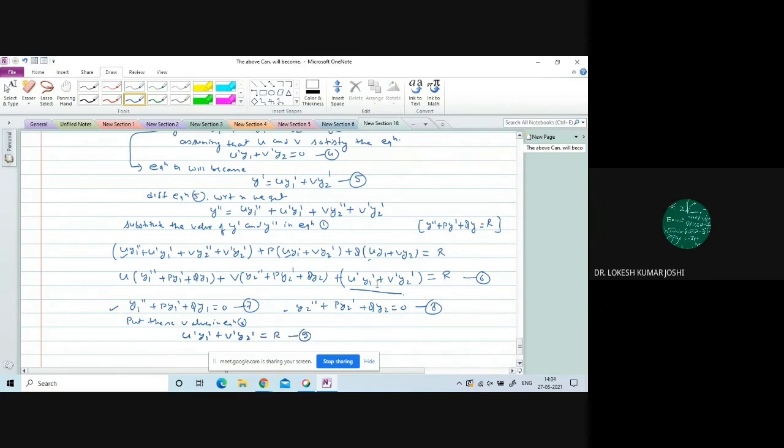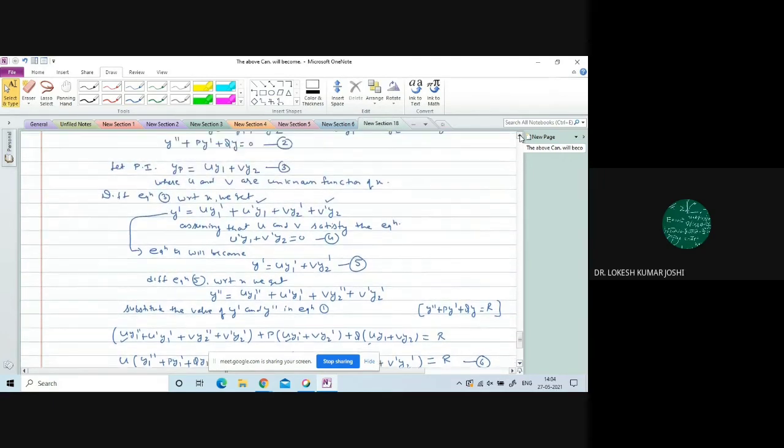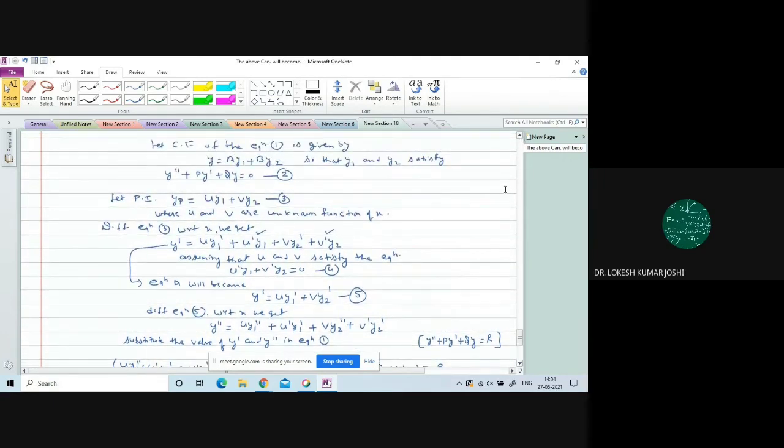Now we see equation number 4. If we see equation number 4, we assume that u and v satisfy the equation. See it carefully, we assume that u and v satisfy this equation. It is equal to 0. Now what we do, we use equation 4 and equation 9 to generate the values of u dash and v dash.